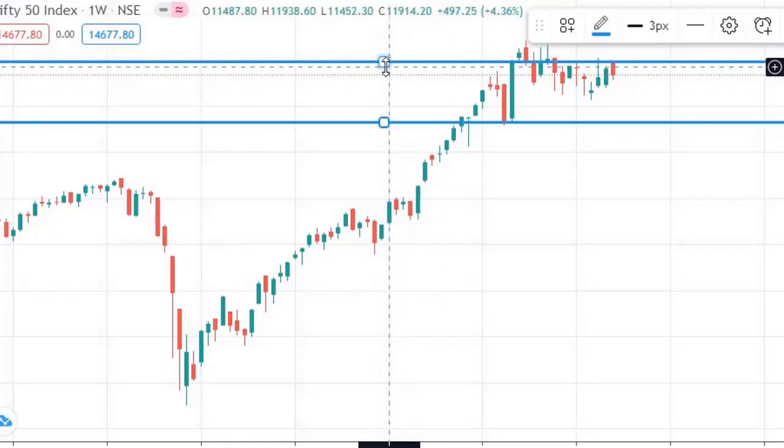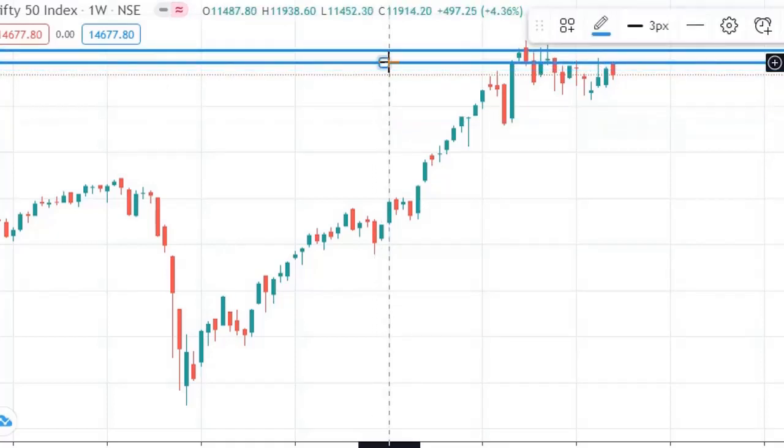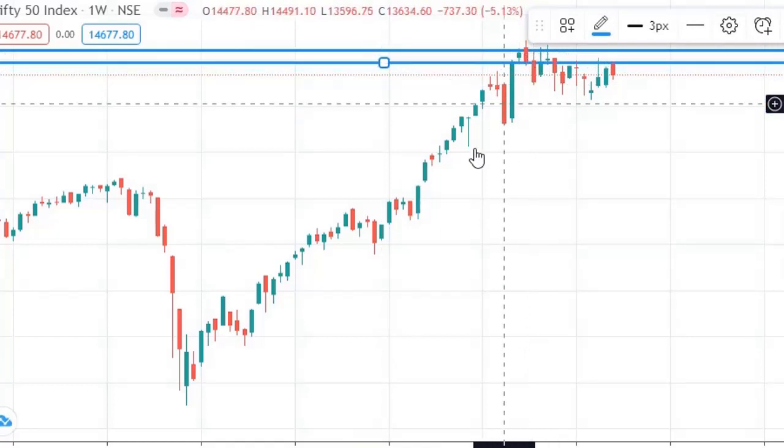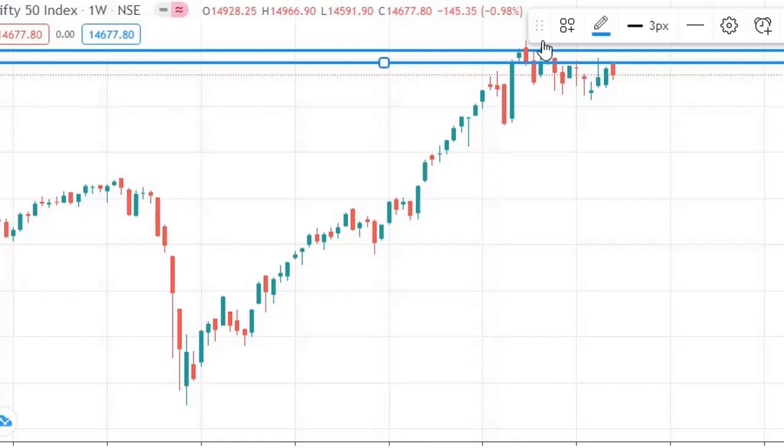Then we went up, we closed. Now this is a reversal pattern. When I say that in an uptrend, if it has to reverse, it should be a red bar. The red bar should be bigger. That's where the direction should be.